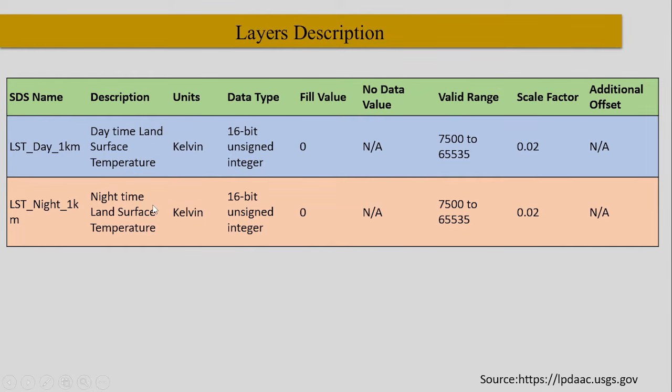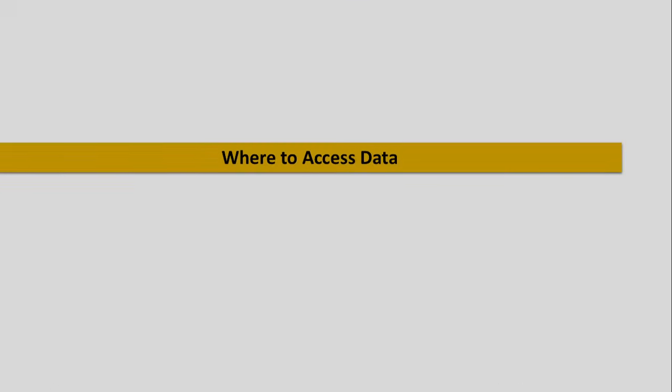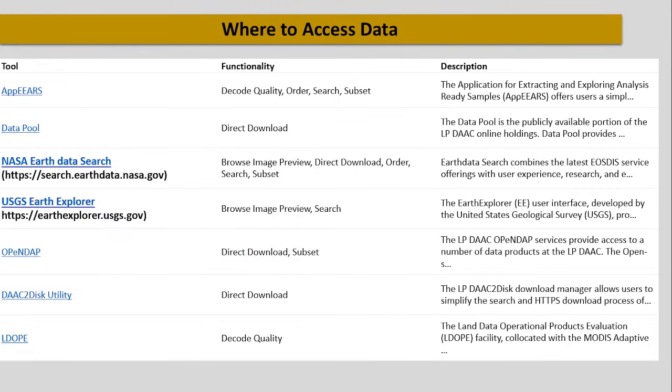Then, where to access the data? How can we download the MODIS land surface temperature? There are different tools. I am using the NASA Earthdata Search to download the data.